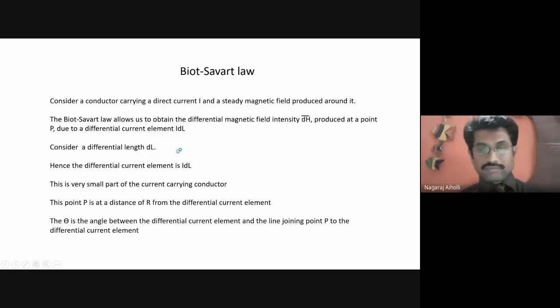The current passing through this differential length dl is I.